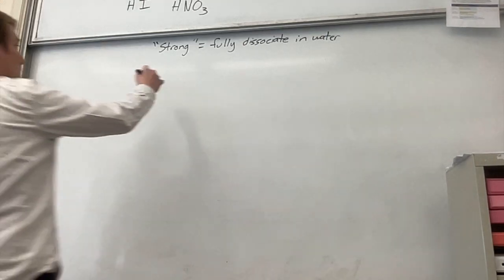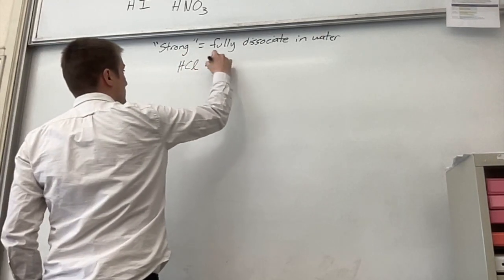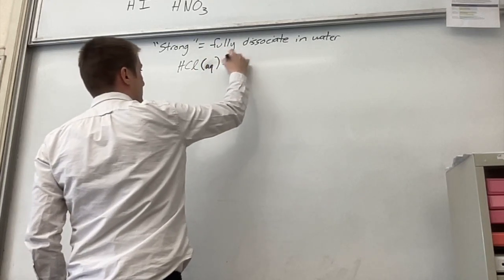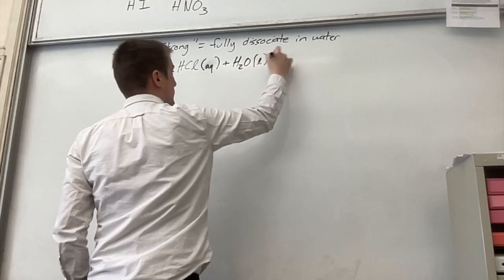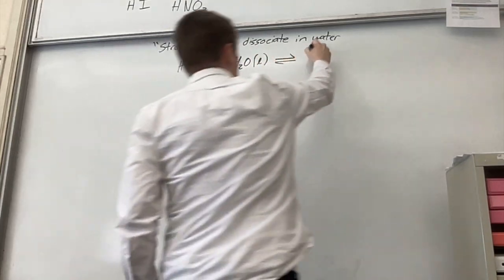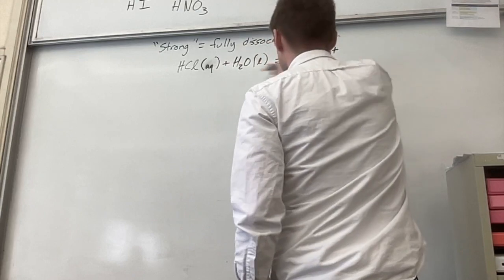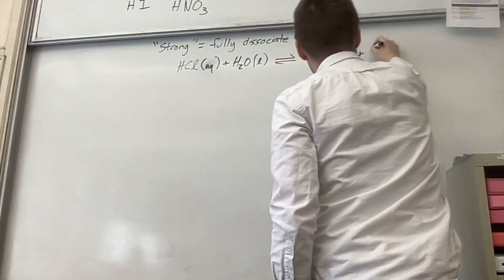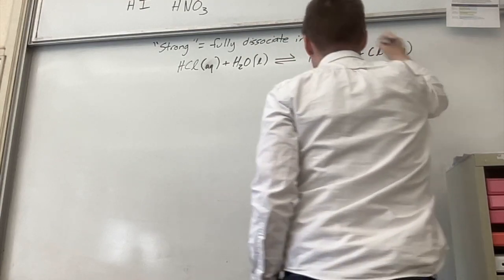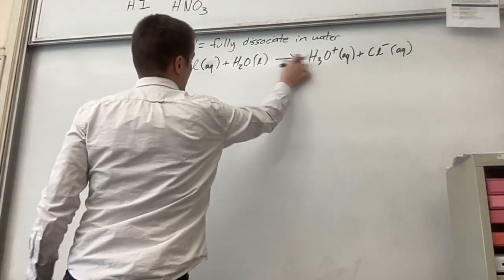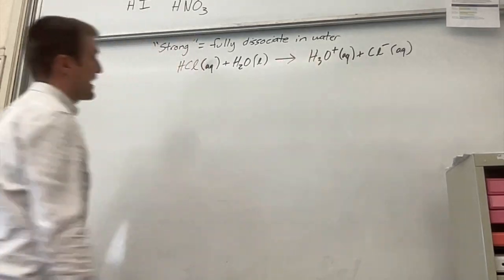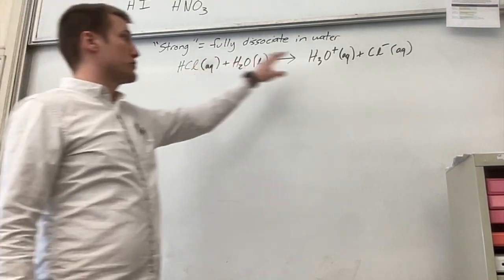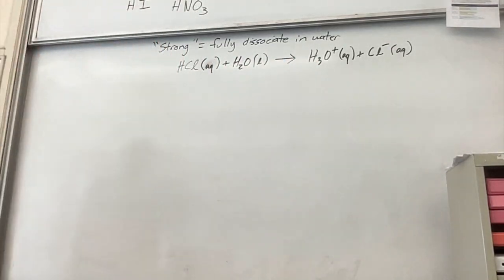So for example, HCl, if it's aqueous, if you add liquid water, then you will get H3O plus. The acid donates its proton, aqueous, and you will get Cl minus, aqueous. I shouldn't write that as an equilibrium because since it's a strong acid, that will go to completion. All of these particles will split into these. That's what makes it a strong acid.